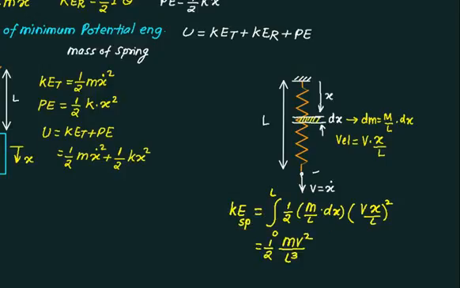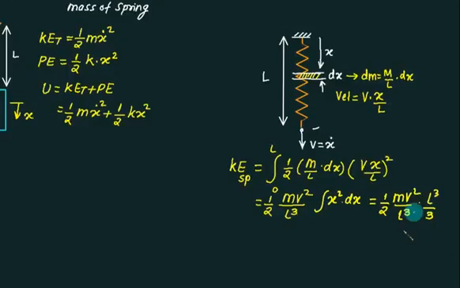Let's solve this. The constants: 1 by 2, m, v square, L square common, with L cube, and x square is left. Integral of x square dx is x cube by 3, so L cube by 3, and L cube cancels out.